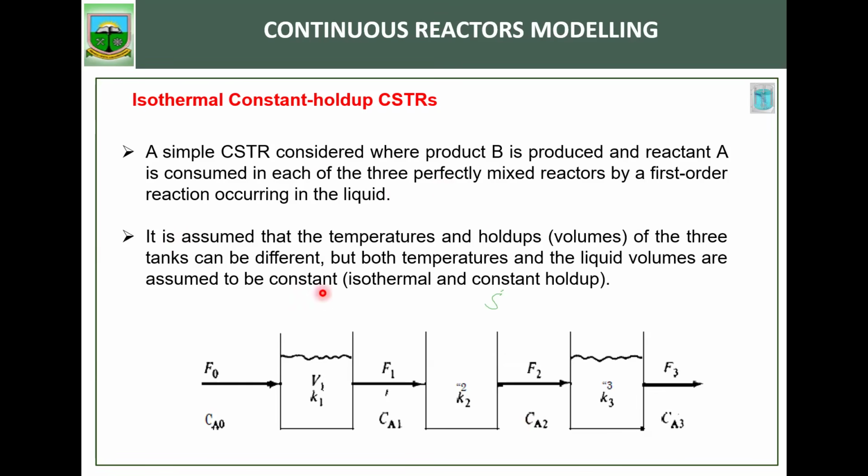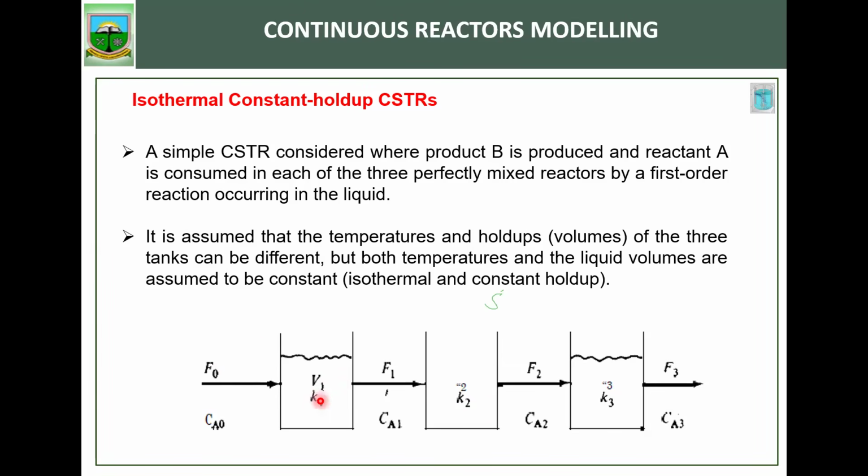We have a simple CSTR under consideration, and the goal here is similar to the previous one. A flows in here and comes out here as product B. In each reactor, reaction keeps going on. So A will come here first, react first. Series reactors this way are used when one stage is not enough to complete the reaction.